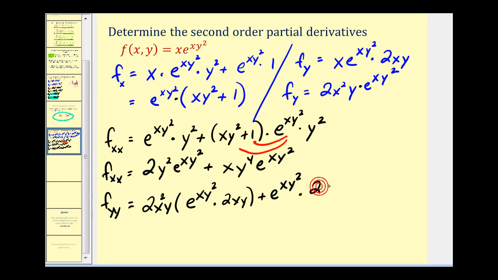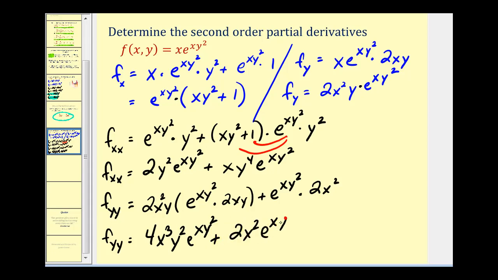That'll give us 2x squared. So it looks like we're going to have 4x cubed y squared e to the xy squared. And here we'll have plus 2x squared e to the xy squared. I could factor this, but I'm going to go ahead and leave it like that.